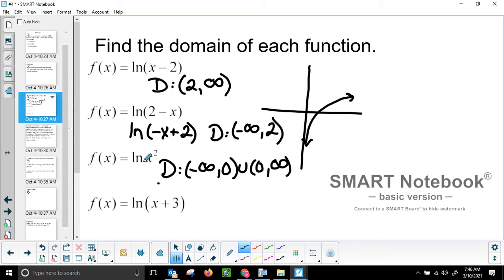All the negatives are fine, because when you square them, they become positive. But when you square 0, you still get 0, so that doesn't help anything at all. Here, of course, we just take this and move it to the left 3, so we have from negative 3 to infinity.